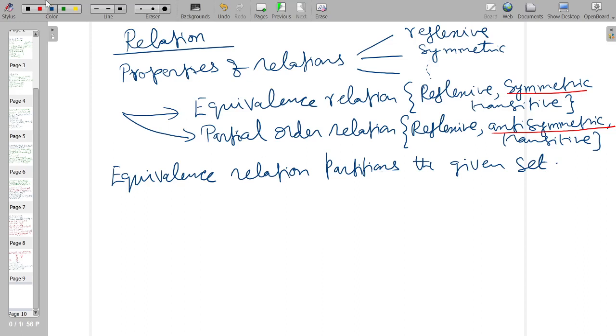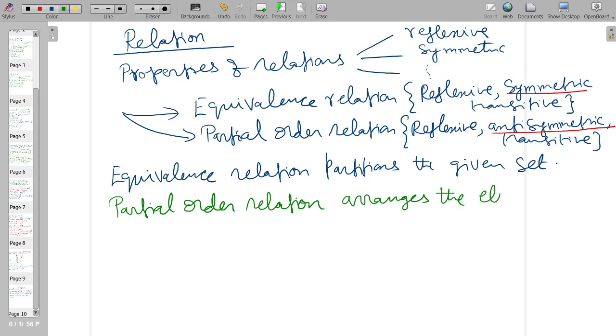Whereas the partial order relation arranges the elements of the set in a descending order or ascending order, as the case may be.